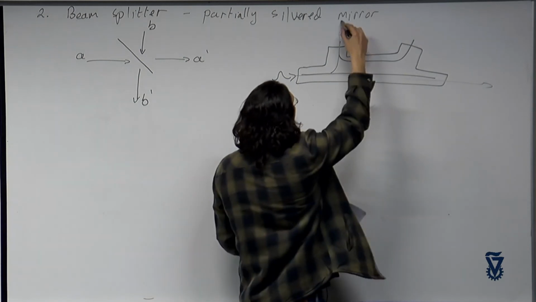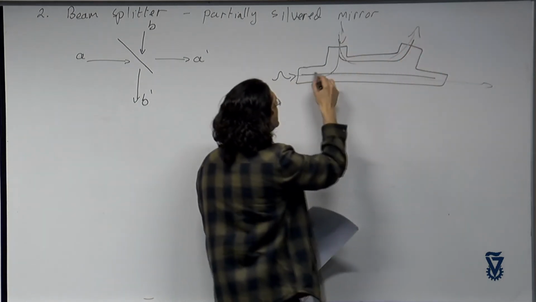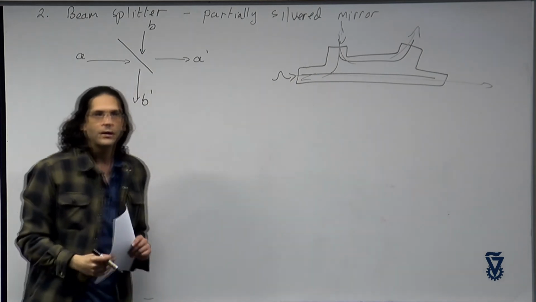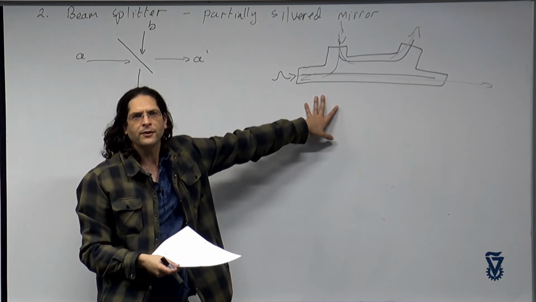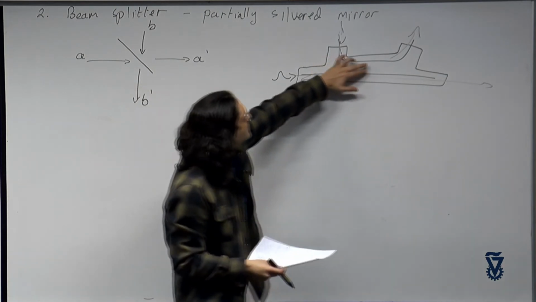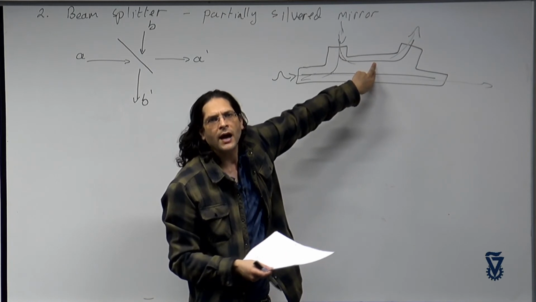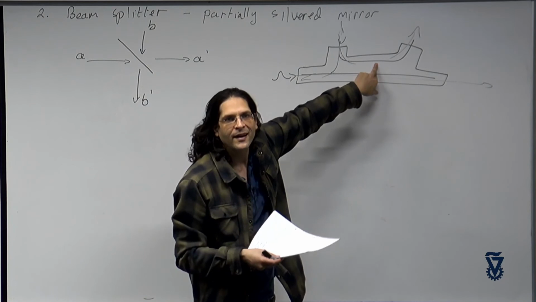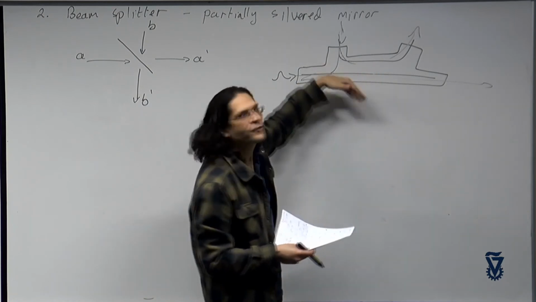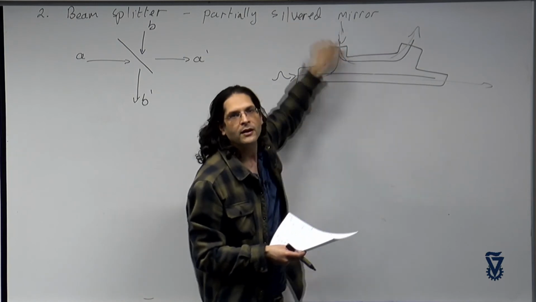And also, if you bring in light from here, it mostly transmits out here, but some gets coupled out here. So this is the microwave drawing for a beam splitter, where the distance between these two transmission lines, we can think of them as microwave fibers, will determine how much is reflected and how much is transmitted.